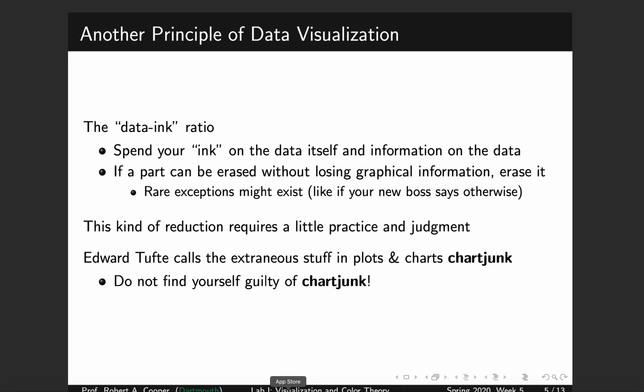Some principles of good data visualization. It's more often than not a really good idea not to overcomplicate a visualization, to quote unquote spend your ink, your digital ink, on the data itself, the variation in the data, and that's it.